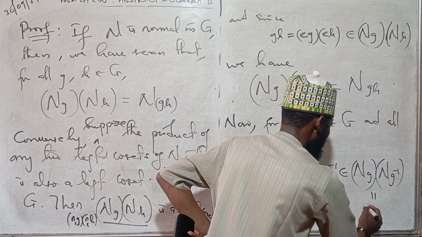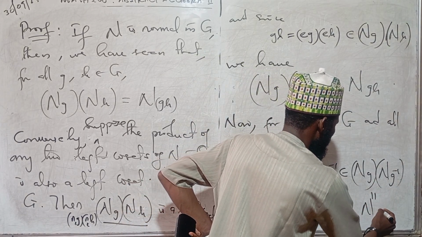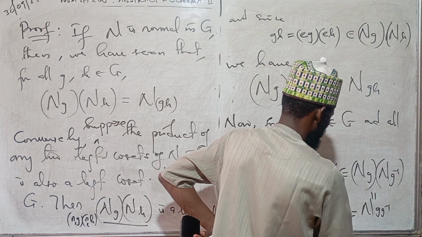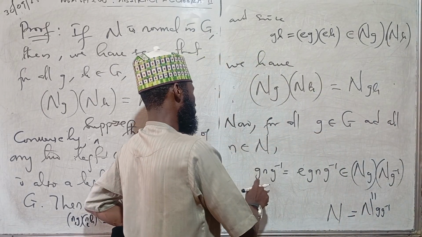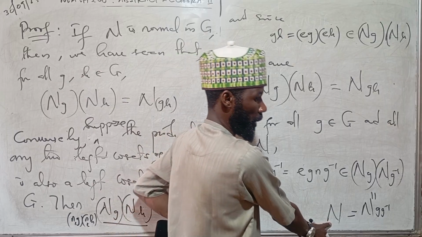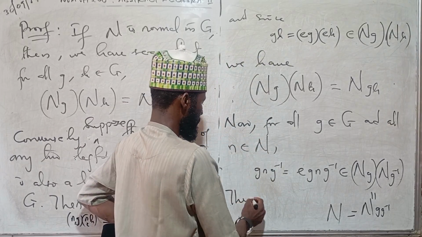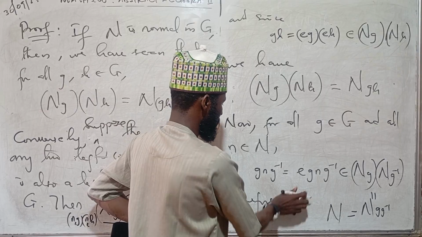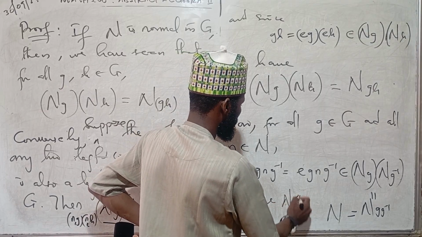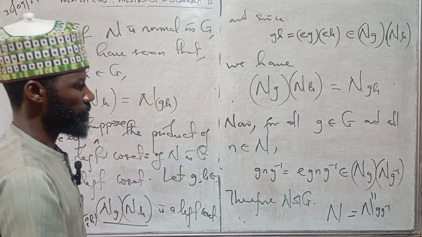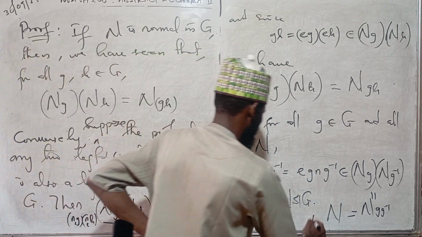So this is actually N g g inverse. So what is this? This is N. So you get g n g inverse to be in N. Therefore N is normal in G. So that is it.